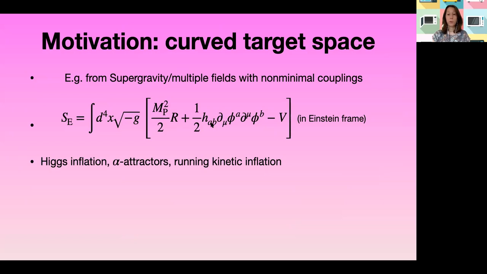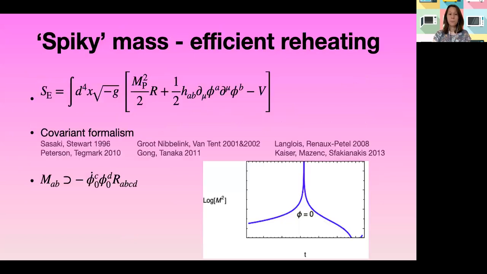Examples of models with the curved target space are Higgs inflation, α-attractors, and running kinetic inflation. A typical feature of these models is that they have a spiky mass term, usually for the isocurvature perturbation. So these are the modes that are not the inflaton field.